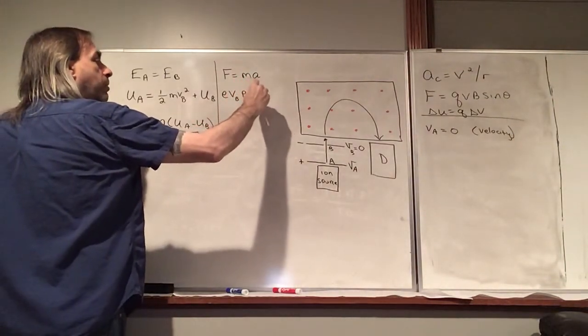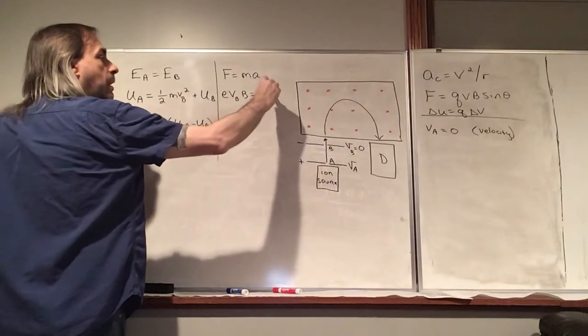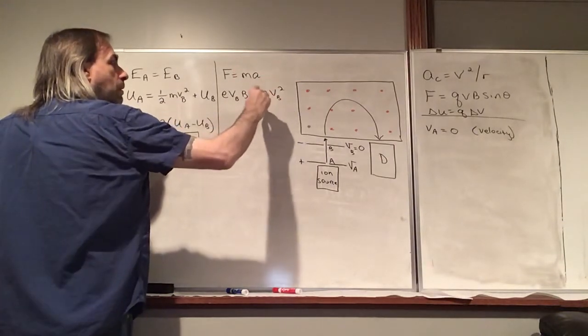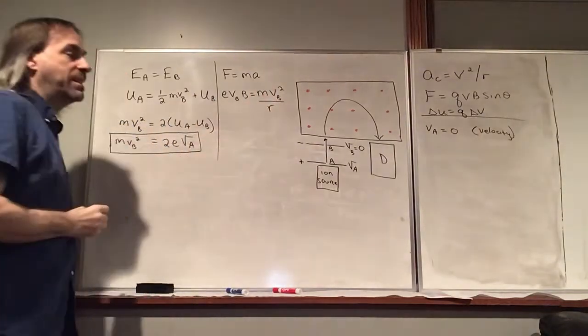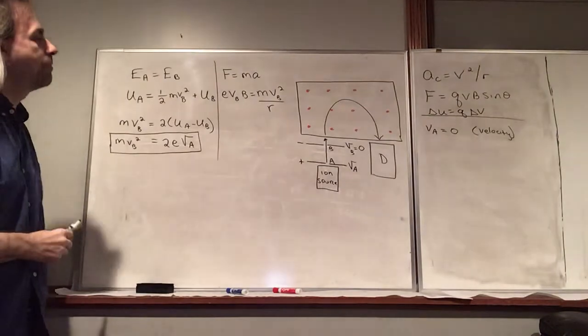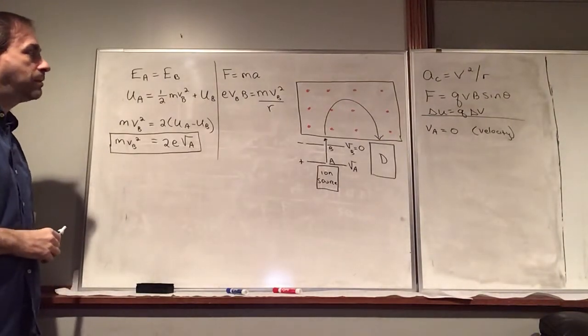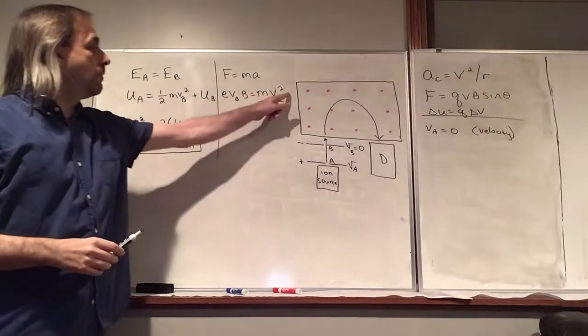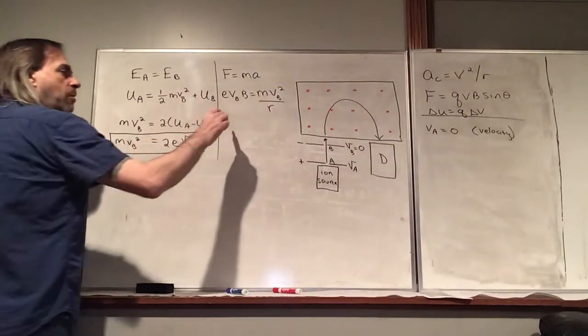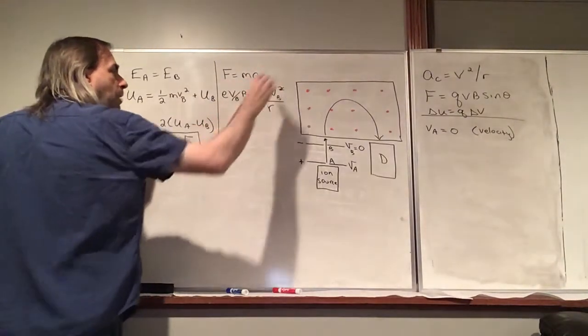And that's equal to the mass of the particle times velocity squared over r. Remember, it's moving at a constant velocity, so it's moving at that constant velocity VB the whole time. Now let's multiply by r. We can cross off one of these velocities.